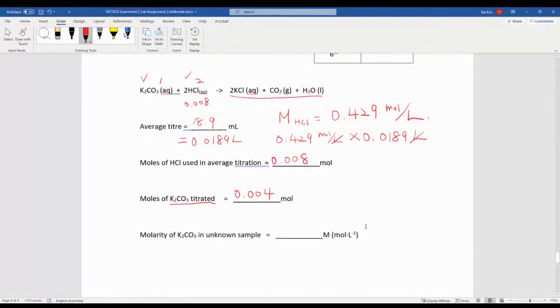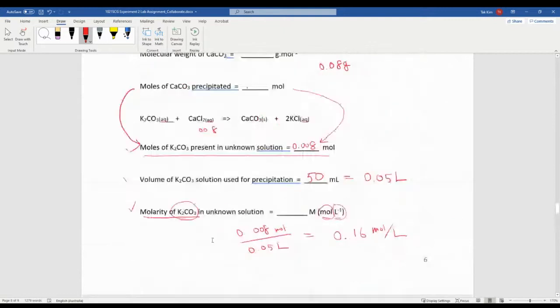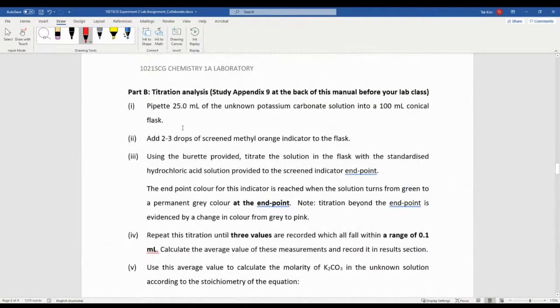And then lastly, the molarity of potassium carbonate in the unknown sample. To do that, you need to find the number of moles, which is already here, and then you need to find out the volume in your part B. So at this stage, you need to have a look at the procedure, which is right over here.